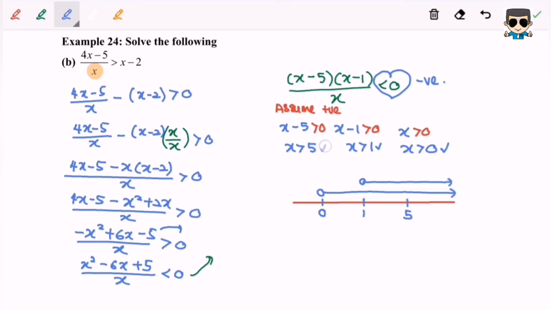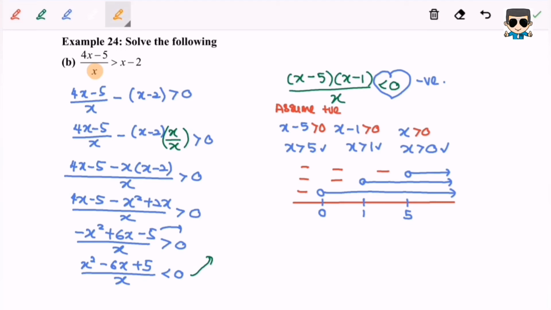Finally, we have x greater than 5, another empty circle to the right. So we have to assign the negative sign in the empty space, where we have negative, negative for the second level, and negative for the third level, negative and negative, and negative. Because this is a positive number line.